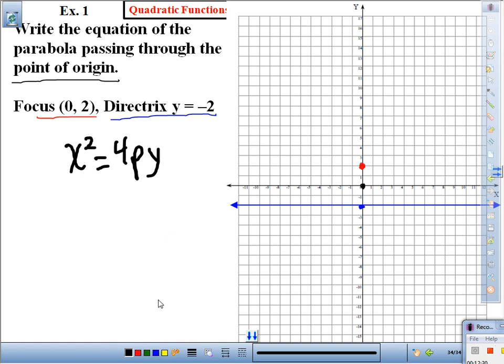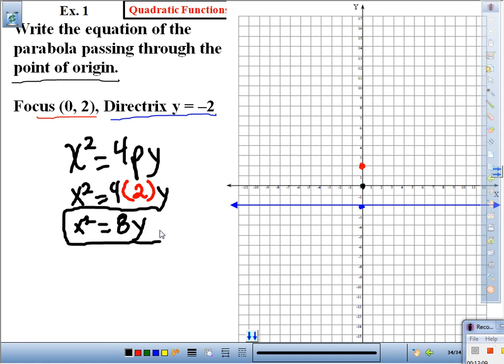Next, on our original focus, last week, what were the coordinates? (0, p). Is that correct? But here now, substitute the 2 in for p. So therefore, we end up with x squared equals 4 times 2 times y. x squared equals 8y. And this is my equation for the parabola.